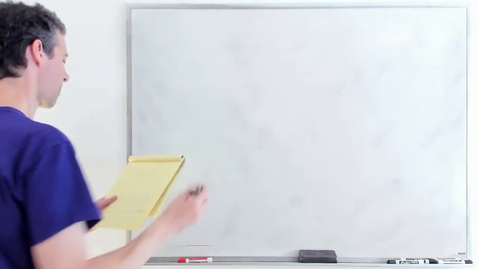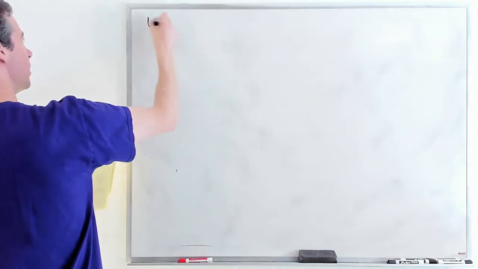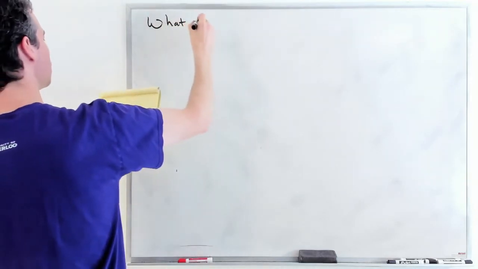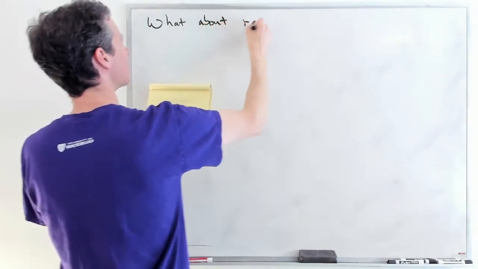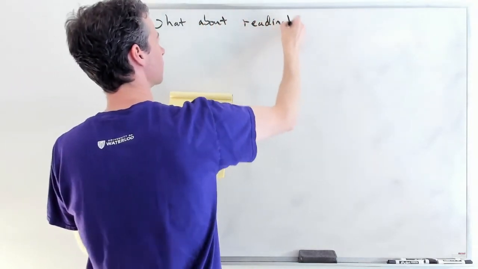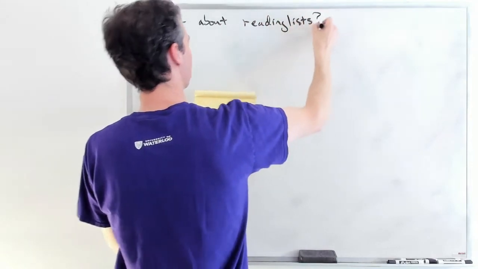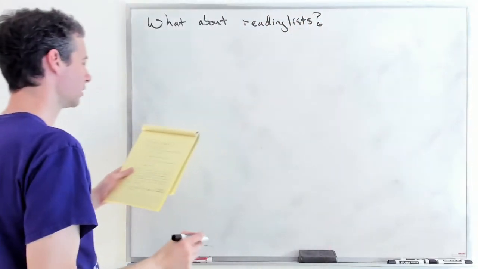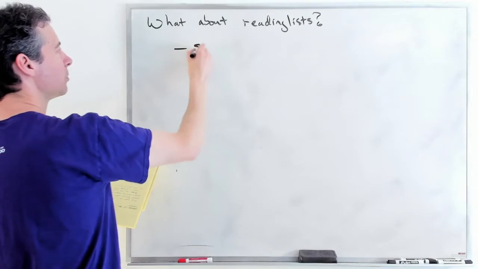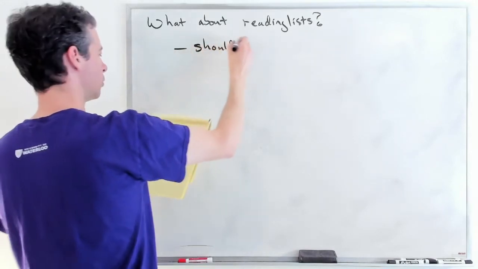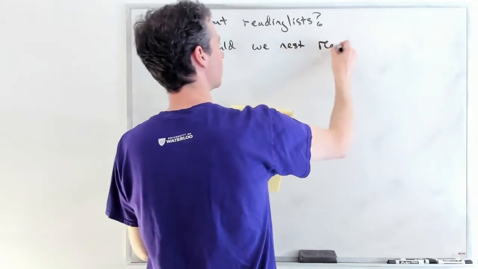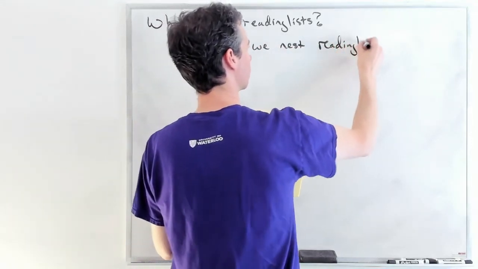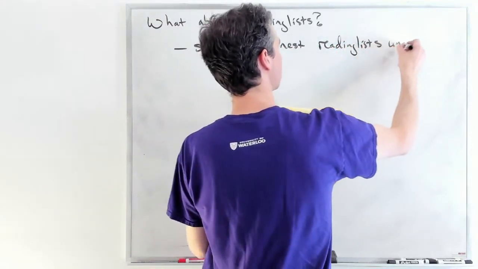Okay, now let's look at something else. These join tables are a bit more confusing. What about reading lists? All right. So one question would be, you might be wondering, should we nest reading lists under a user?